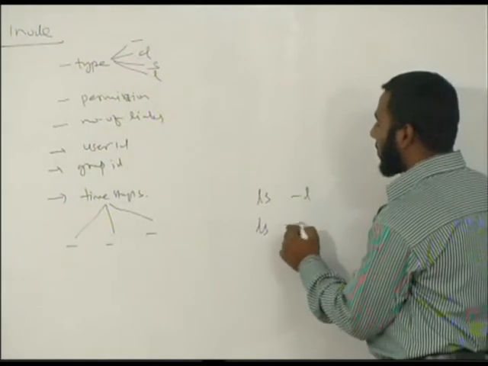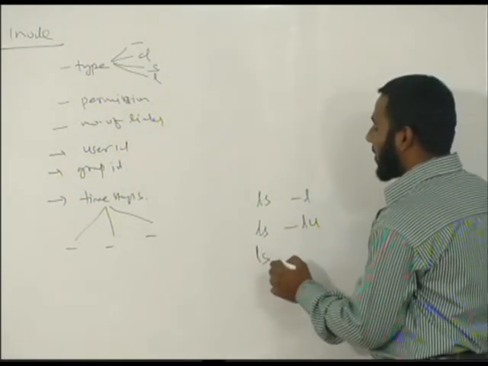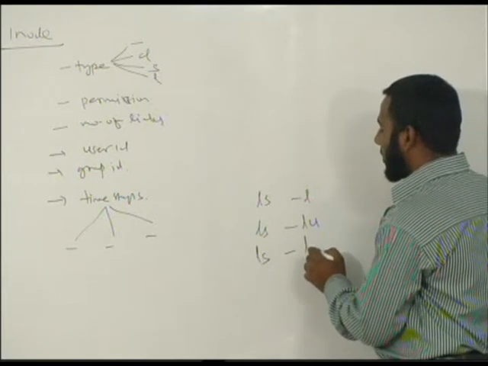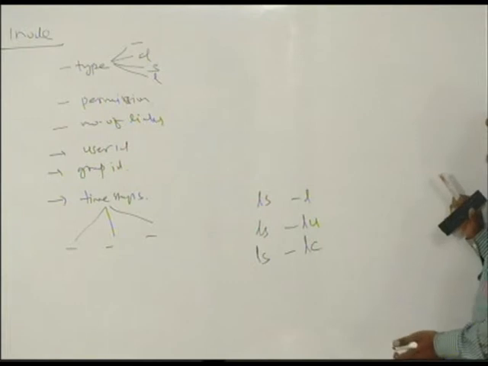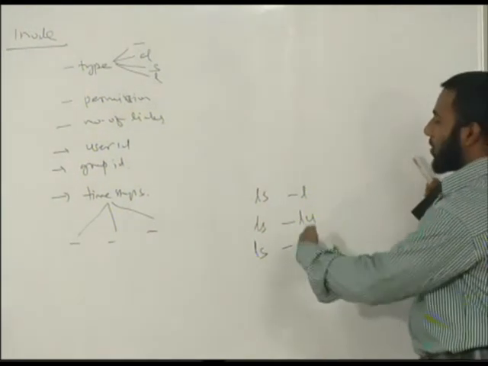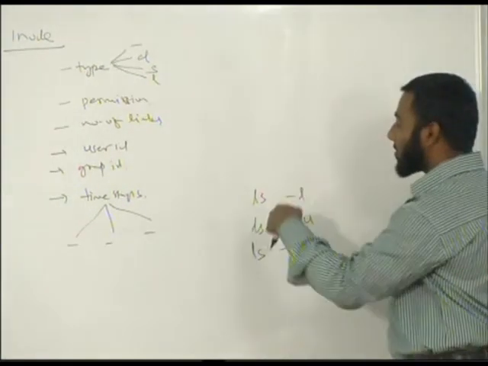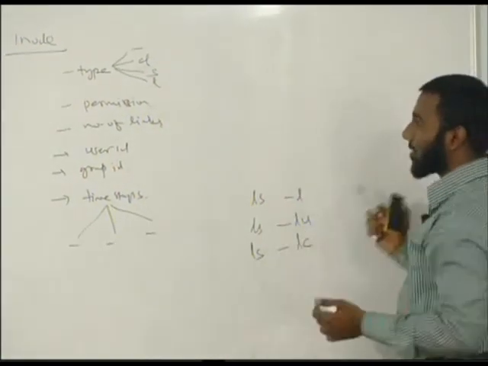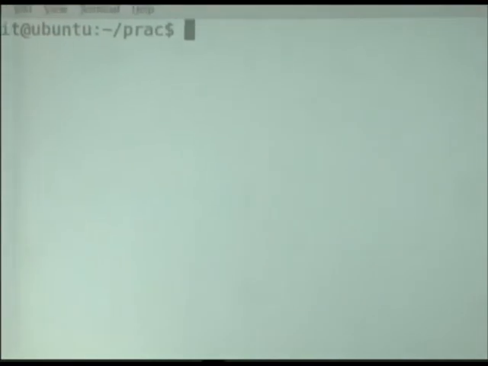When we use ls option L with u, it shows the last access time, and ls option LC. So these are the different times which the inode table contains, and we can request them with the help of these commands. Let us see these three different commands and go ahead.